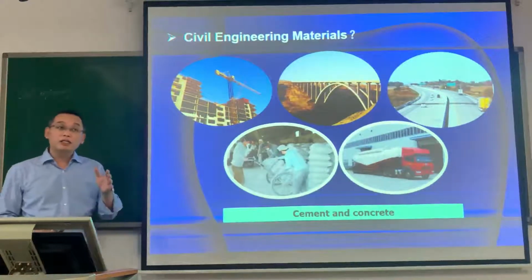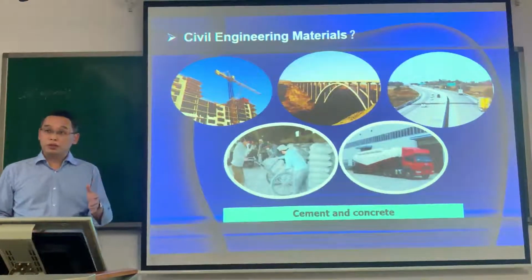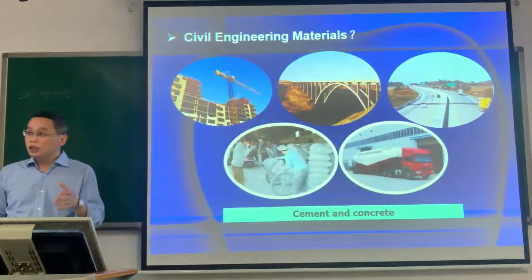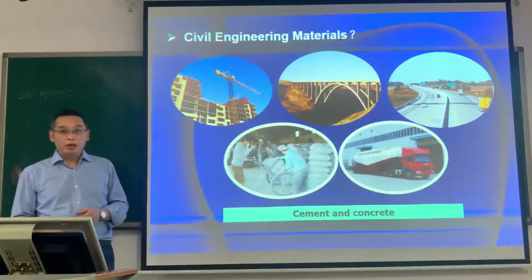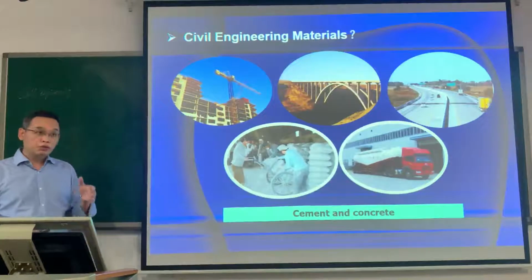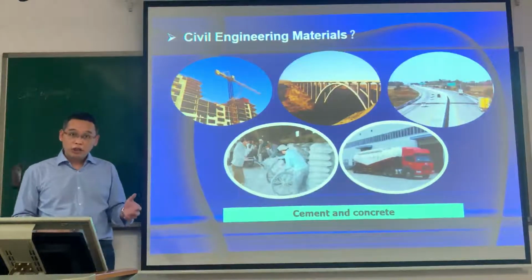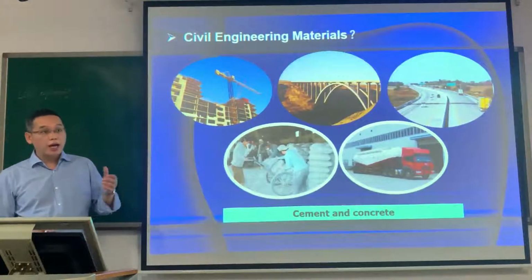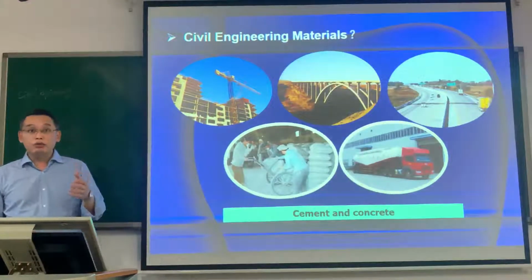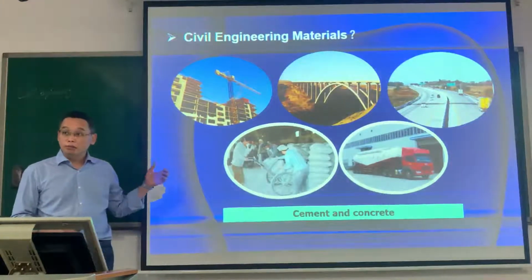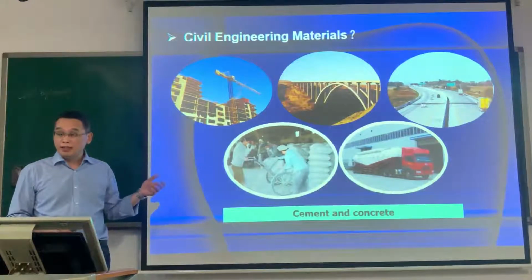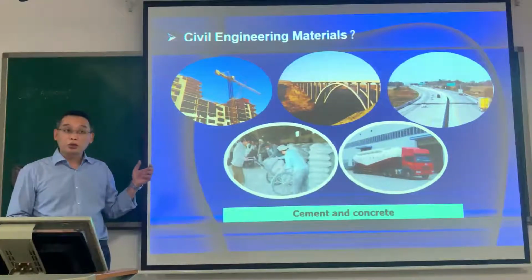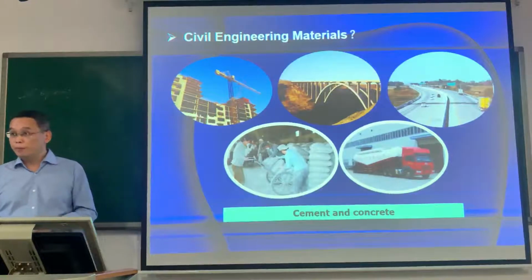The cement is the most widely used material in civil engineering, because if we want to build a house, construct a road, a bridge, a dam, we need to use this kind of material.